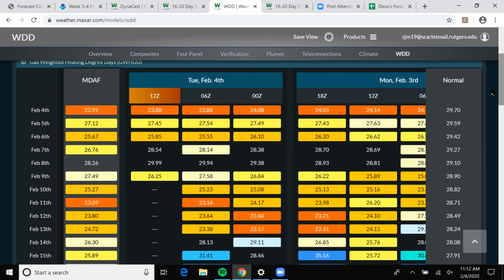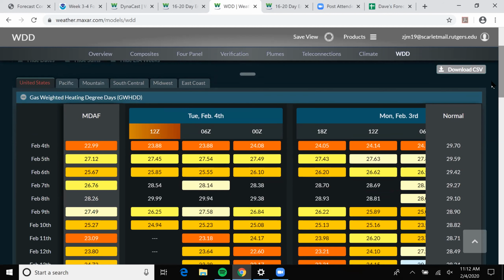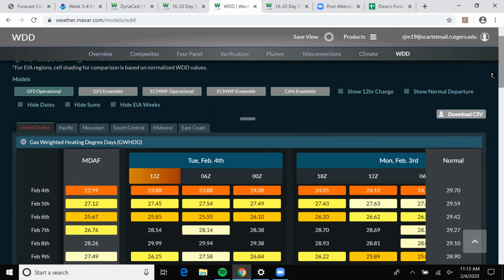Day 1 being February 4th, day 2 being February 5th, and downward. And then going across, they have the most recent model runs, including the Maxar forecast, MDAF. Yep. And then after that, it's the most recent to the older forecast. In this case, you're looking at what forecast are you looking at? The EC? Or it's a little bit above. GFS.